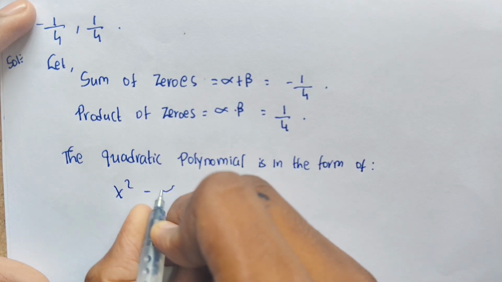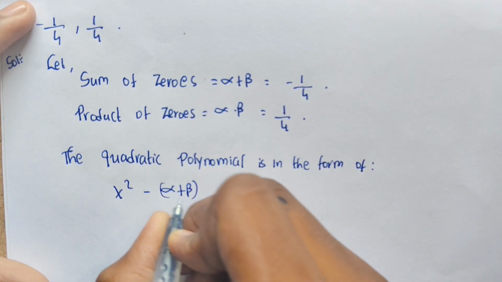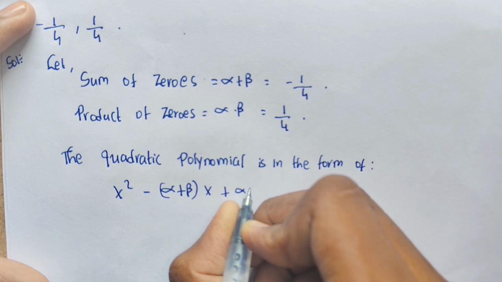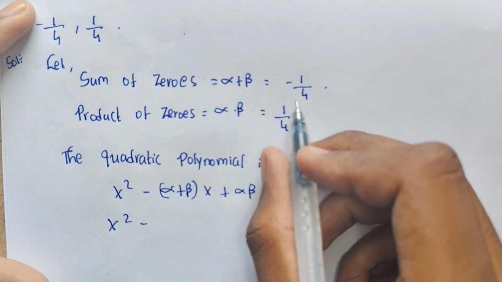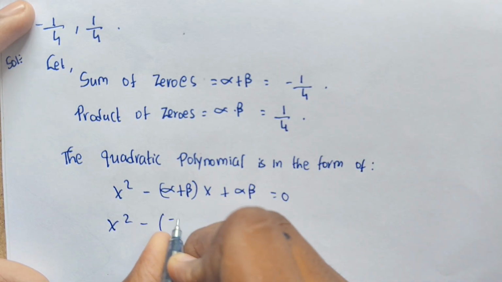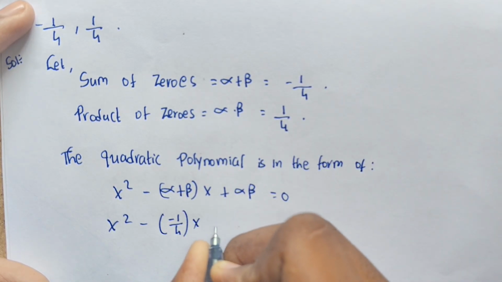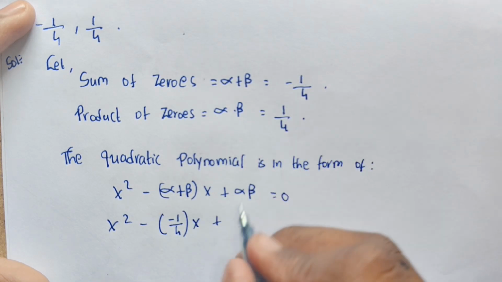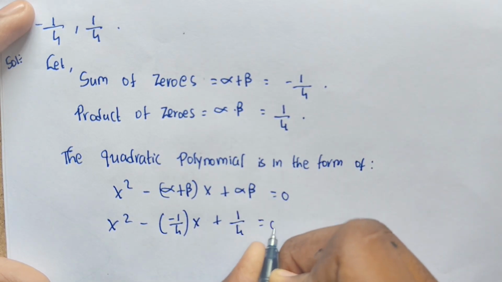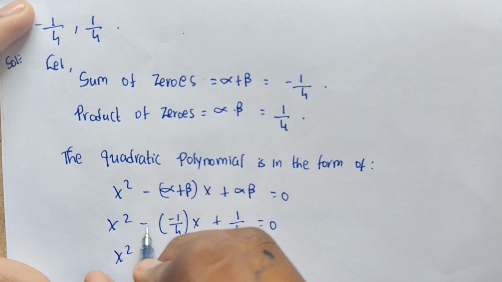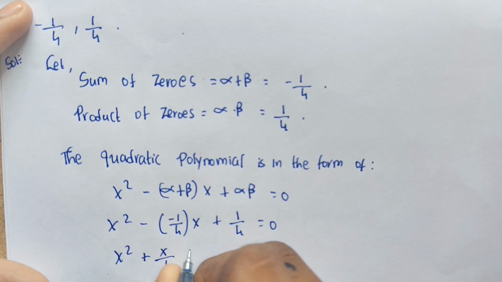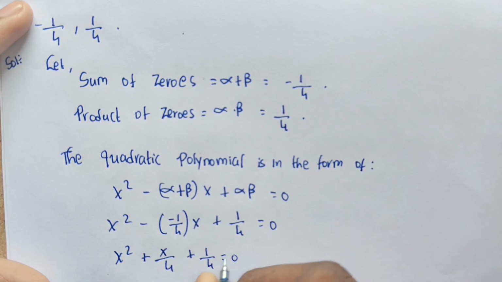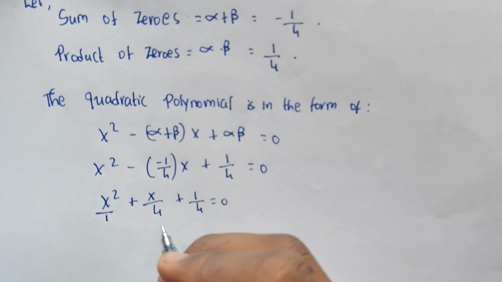x square minus alpha plus beta into x plus alpha beta equals to 0. X square minus, alpha plus beta is minus 1 by 4, so minus 1 by 4 into x plus alpha into beta is 1 by 4 equals to 0. X square plus 1 by 4 x plus 1 by 4 equals to 0. Here we take 1 by 1 for x square.